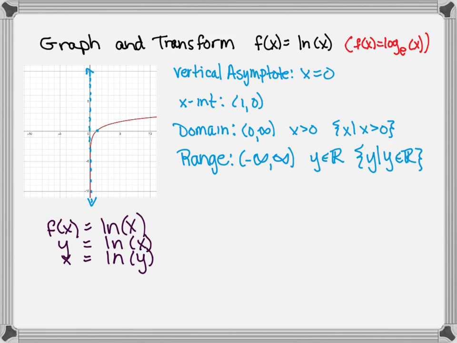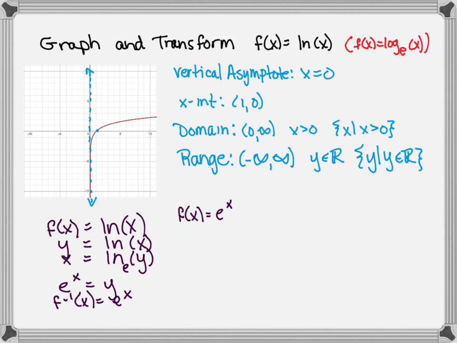To get y by itself, we will rewrite this in exponential form, remembering that our base here is e. So e to the x equals y, or f inverse of x equals e to the x. So the natural log of x and e to the x are inverse functions.